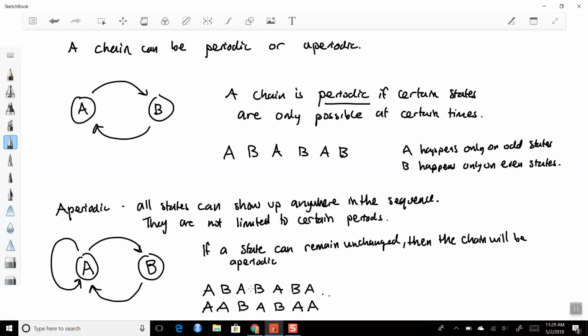And so you can see how B can show up on the evens or the odds, as long as something happens where, basically, A or B can show up on even or odd intervals. I should say not states, but intervals.